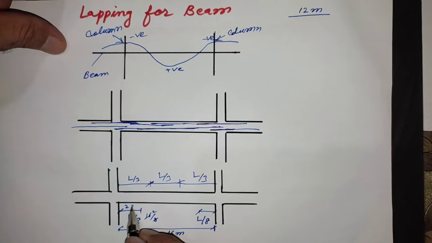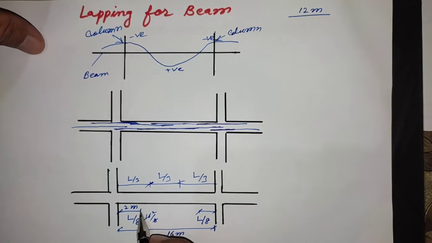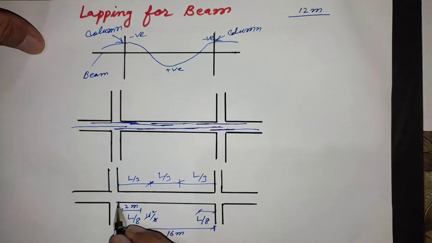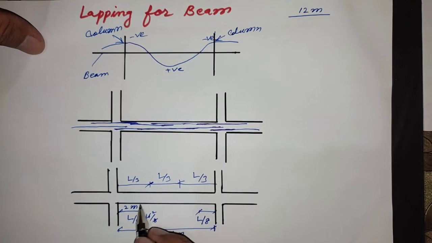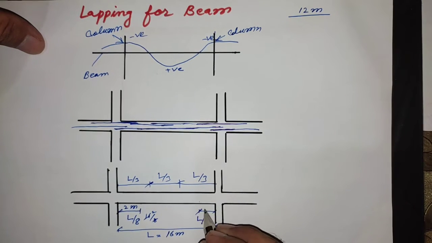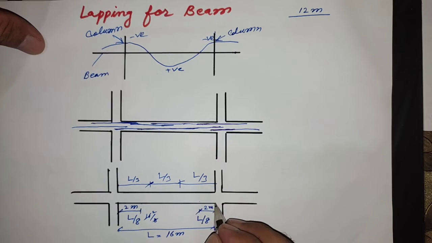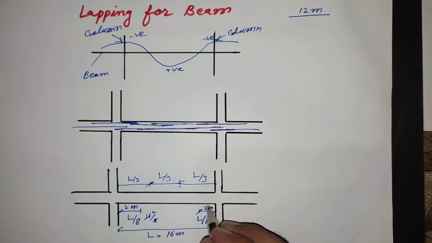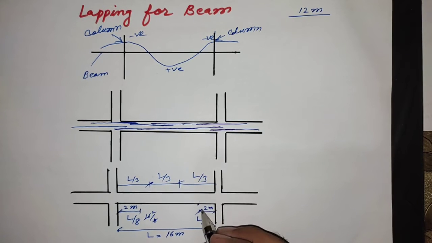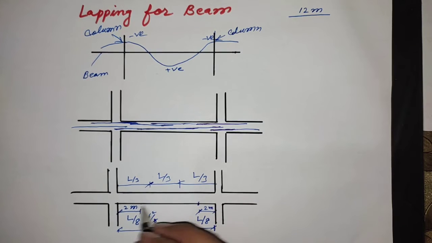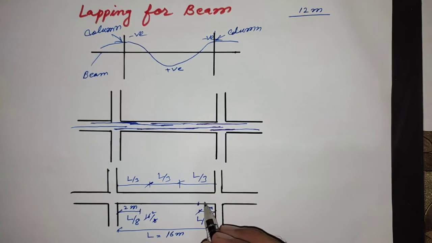So 2 meter from this side to here, 2 meter we will provide overlapping. Also in this side 2 meter, from inner side of the support to here 2 meter. This is lapping zone. Only we will provide lap here. In this side we will not provide lap.